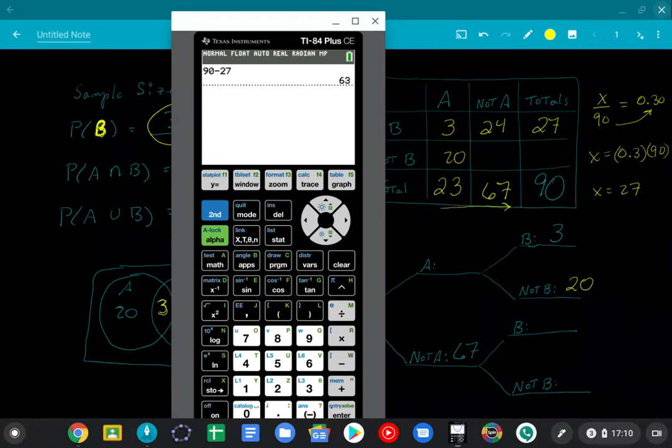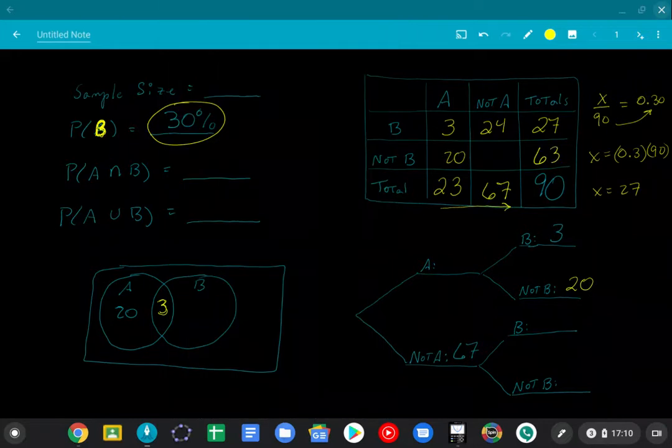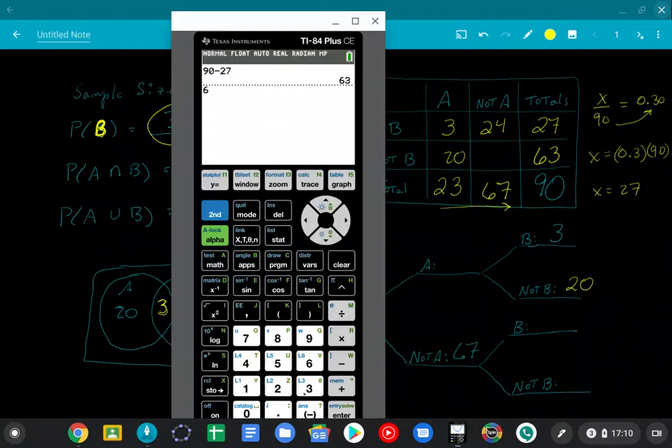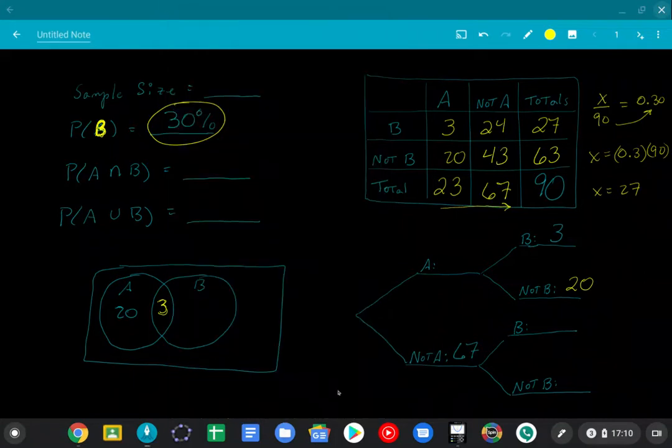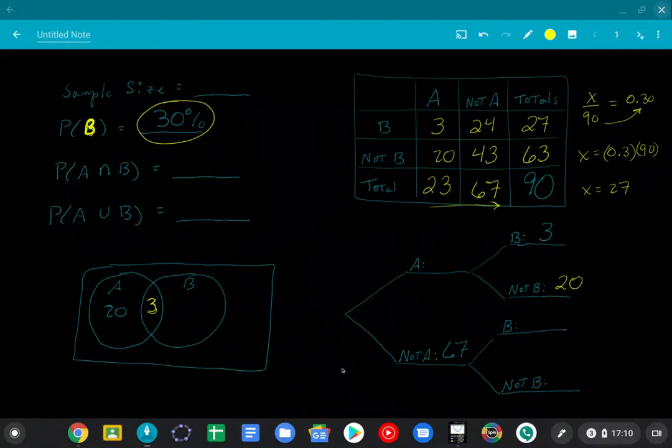And that's 63. 63 goes right there. And let's try another one. Let's go 63 minus 20. And that goes 43 right there. And notice if I were to add down right there, it'd be 7 and 6. It'd all work out just fine. There it goes.